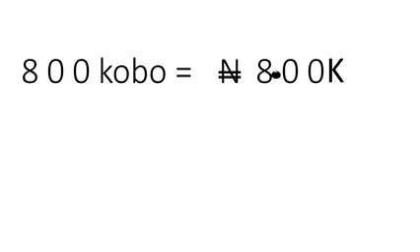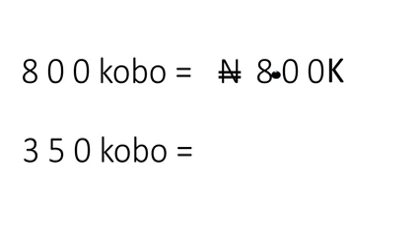Let's look at the second problem we have, which is 350 Kobo. Let's convert this to Naira. What am I going to do first? I'll write my Naira sign. Then I'll write the 350. Remember, there is an invisible decimal point in front of every number.